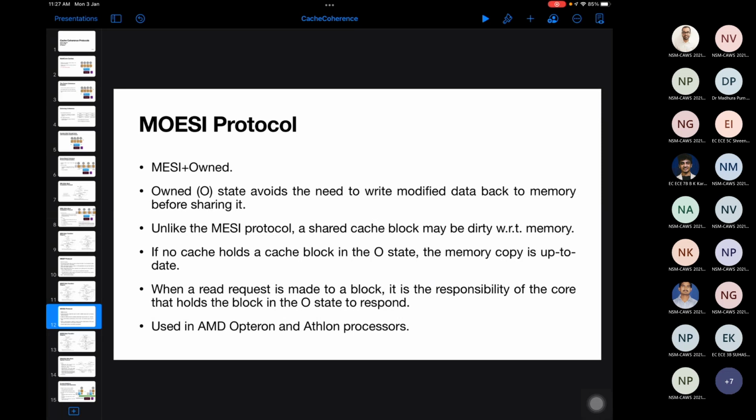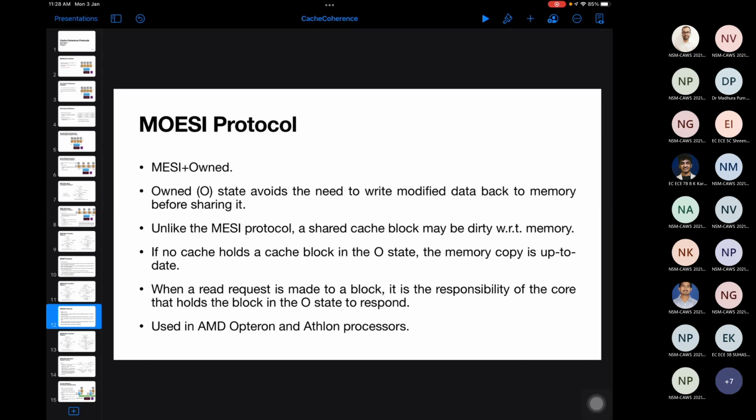But here, if the block is in one of the caches in an O state, that core is going to supply the data. This is implemented in AMD processors starting from Opteron and so on. So the owned state is added to MOSI in AMD processors, and the F state is added to MESI in the case of Intel processors.